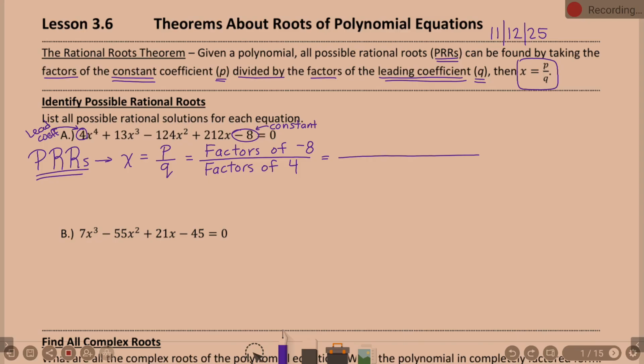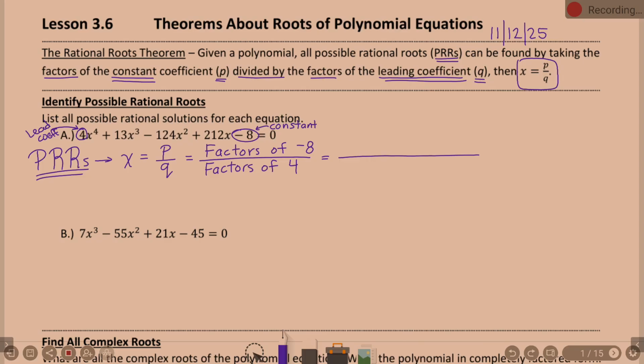Now, here's the key. I am going to throw in front of each of these a plus or minus, because officially, it's multiplying to be -8. How do you multiply to be a -8? A positive times a negative. When we get down here to a positive, how can you multiply to be a positive? You can either do 2 positives or 2 negatives.